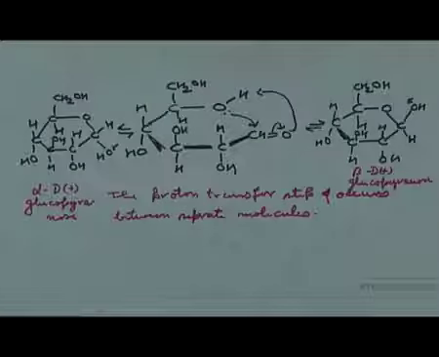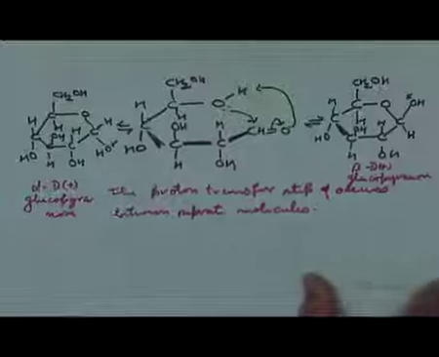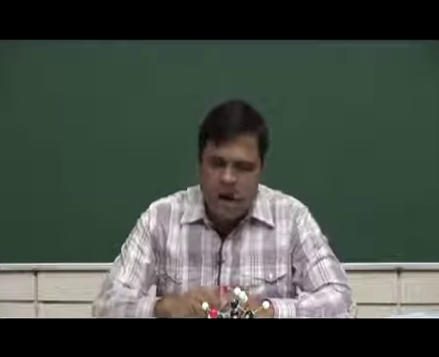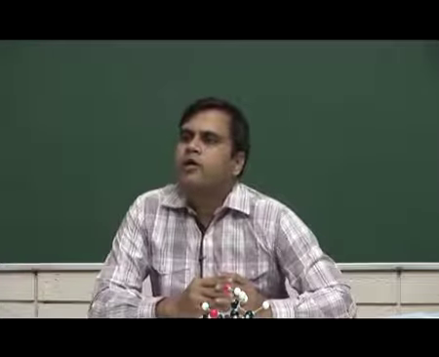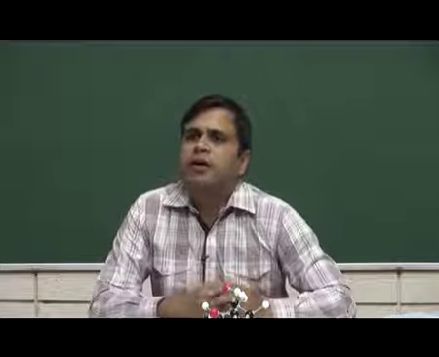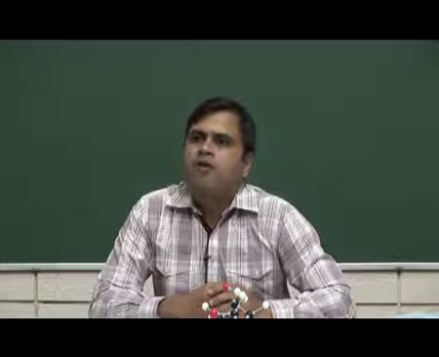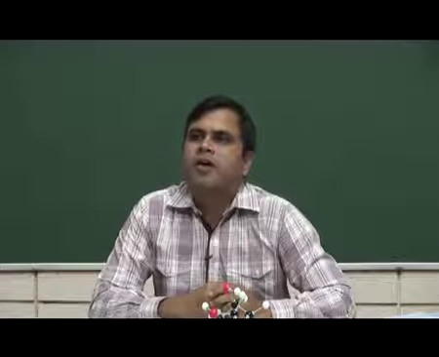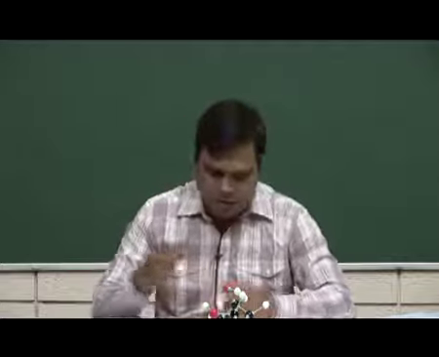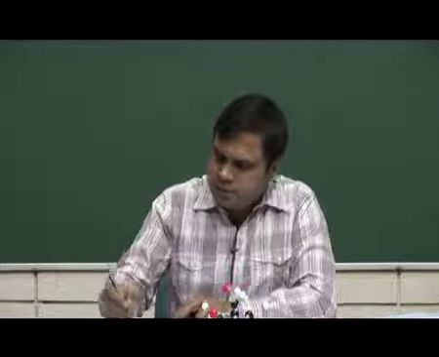Glucopyranose. Now, let us take a practice problem, how to draw these cyclic structures from the Fischer projection formula, or from the cyclic structure, or from the chair form of the structure, how one can draw the Fischer projection formula, just for the practice. So, let us take a problem.